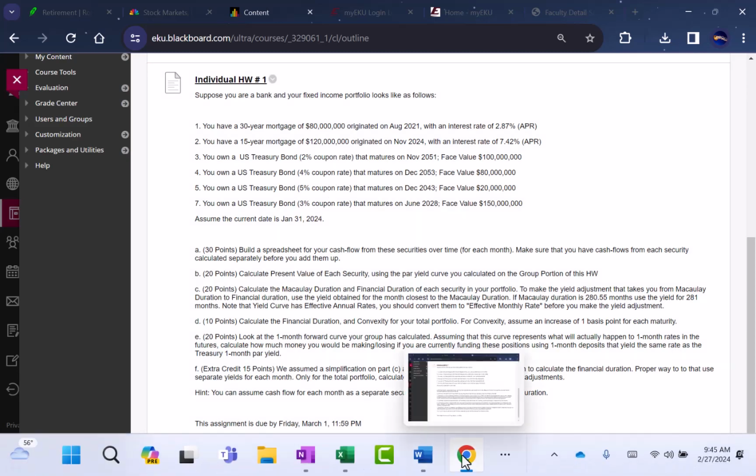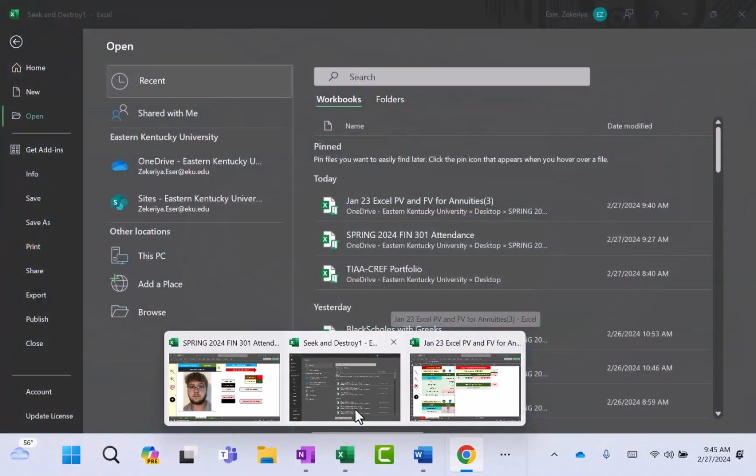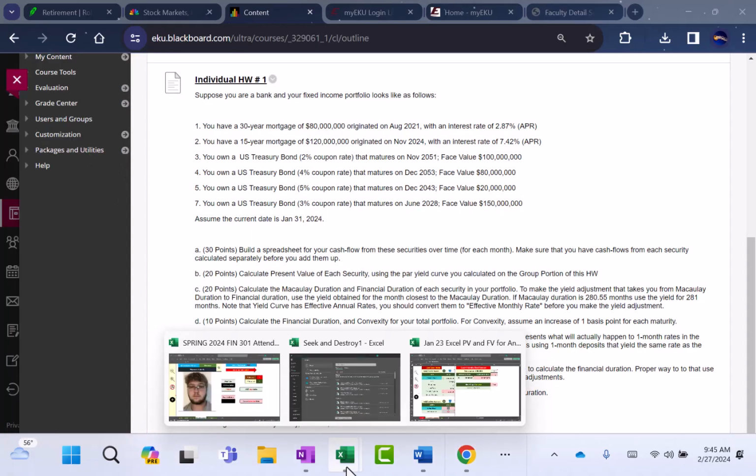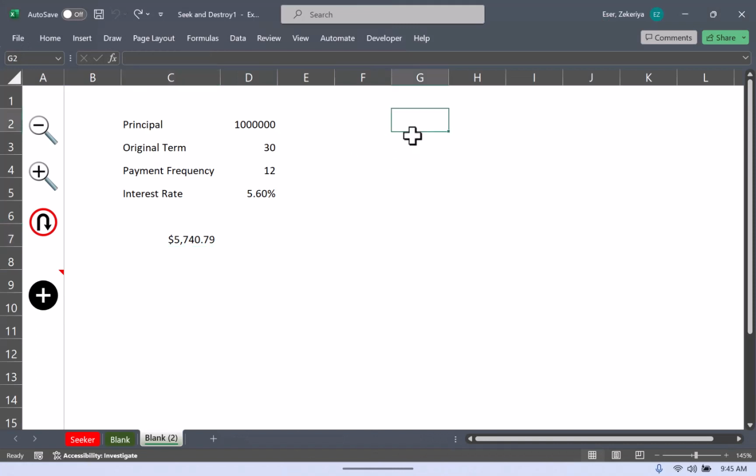So let's put it here. This is for bonds, face, coupon rates, and coupon amounts.